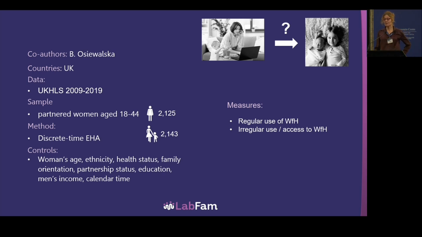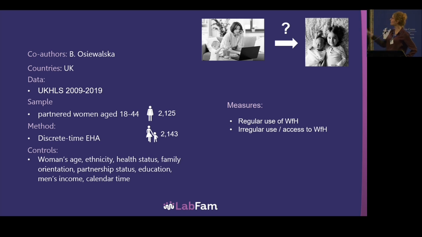Okay, so we use the Understanding Society data for the period 2009-2019. We limit the sample to partnered women. The data provides us with information on whether the person had access to working from home, and if yes, whether the person regularly used this possibility.